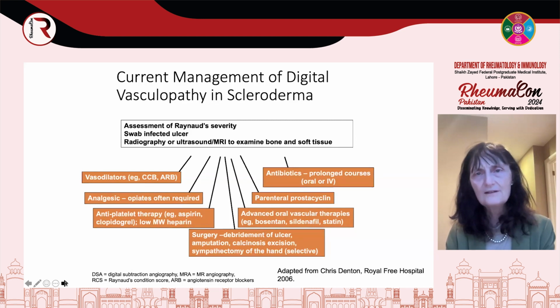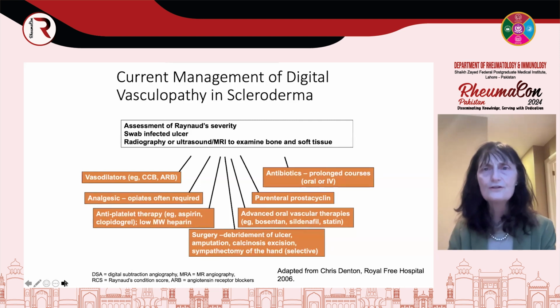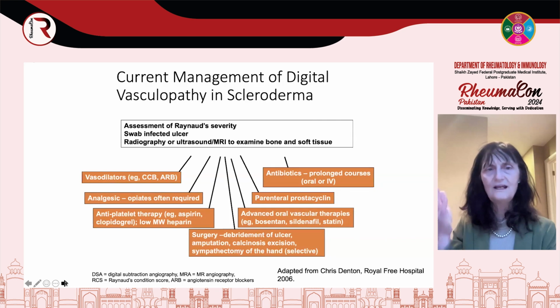So you want to use your digital ulcer algorithm in helping your patients. So improve blood flow, so vasodilators, give analgesics because often these ulcers are quite severe in pain. Consider an antiplatelet drug such as aspirin. Use antibiotics only if there's infection. Parenteral prostacyclins like iloprost, advanced vascular therapies such as bosentan to prevent new ulcers, or sildenafil to treat or prevent ulcers, statins, high dose atorvastatin 40 milligrams or medium dose to prevent new ulcers.